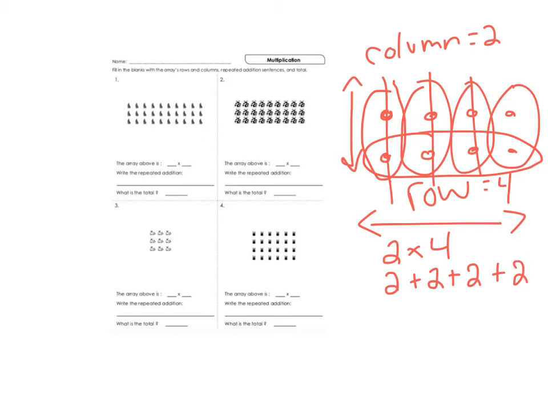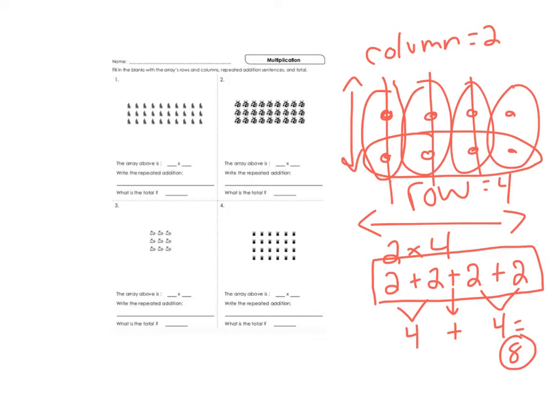This would be the repeated addition. What's the total? Well, I can just do my adding. 2 plus 2 is 4. Gotta bring down that plus. 2 plus 2 is 4. And 4 plus 4 is 8. So the answer would be 8.